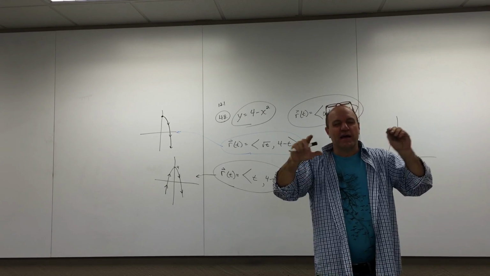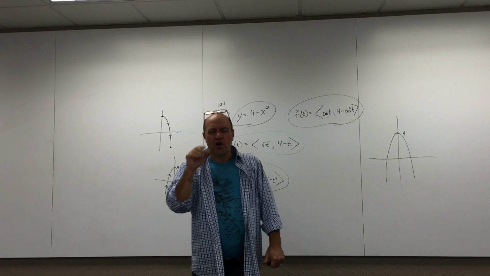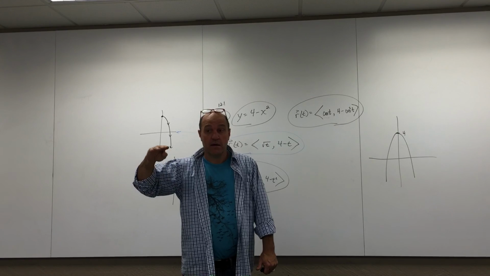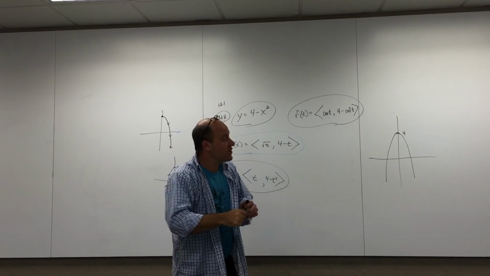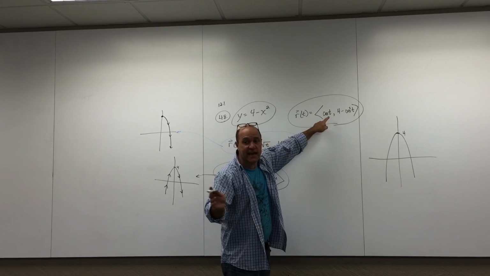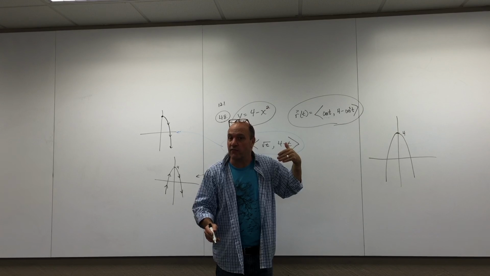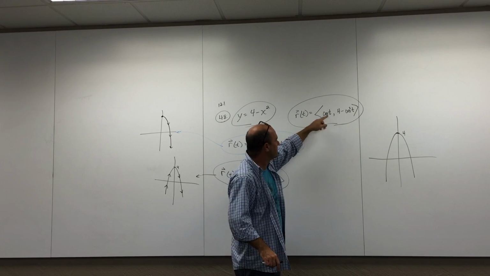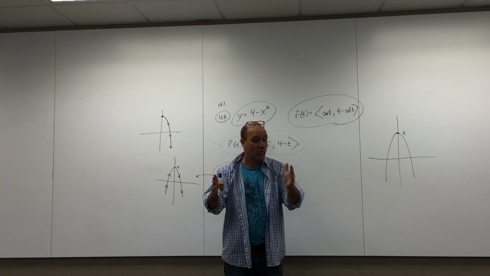You guys know that you can plug in any angle, but the cosine of any angle is always some fraction between -1 and 1. So no matter what t I plug in there, it's only going to spit out values between -1 and 1. So that just told me that the x coordinate of this vector valued function is restricted to living between -1 and 1.